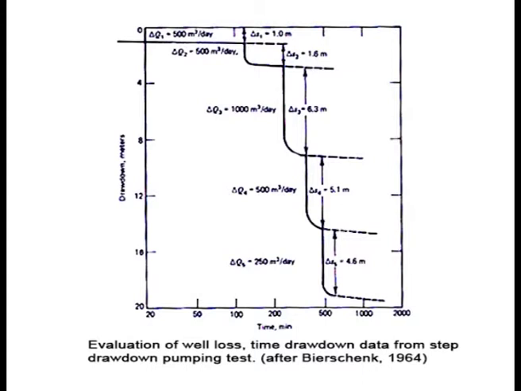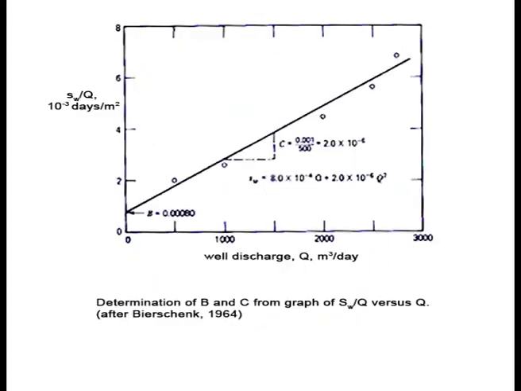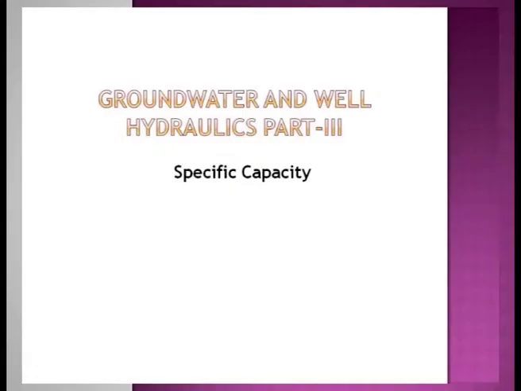If you plot this additional drawdown, with discharge on the x-axis and SW upon Q on the y-axis, you will get a straight line. The slope of the straight line is the capital C, and the intercept on the y-axis gives the value of B. So you can determine the well loss by conducting the step drawdown test.